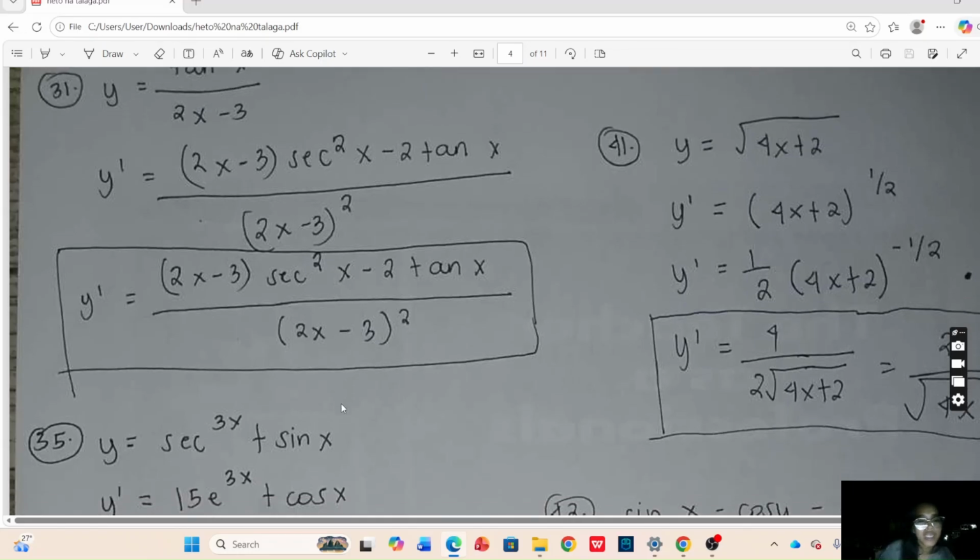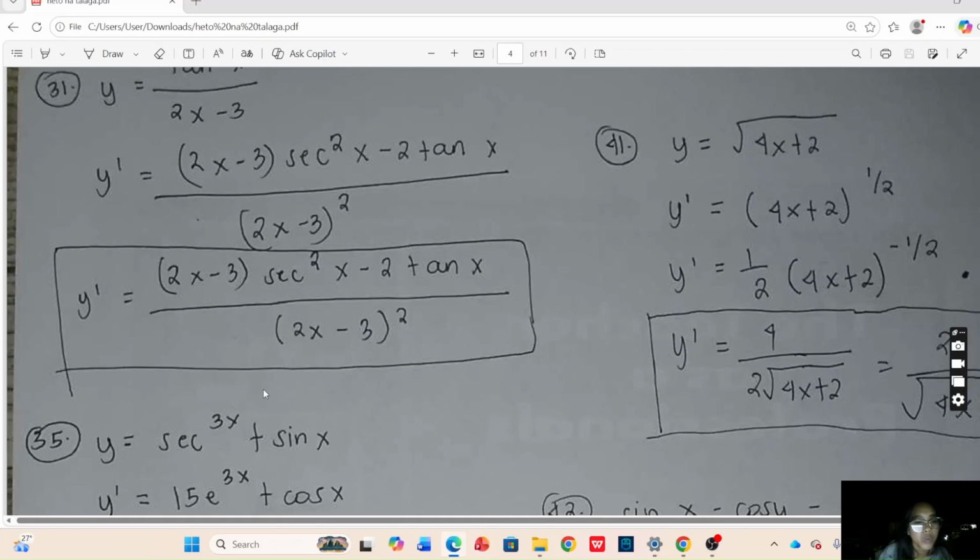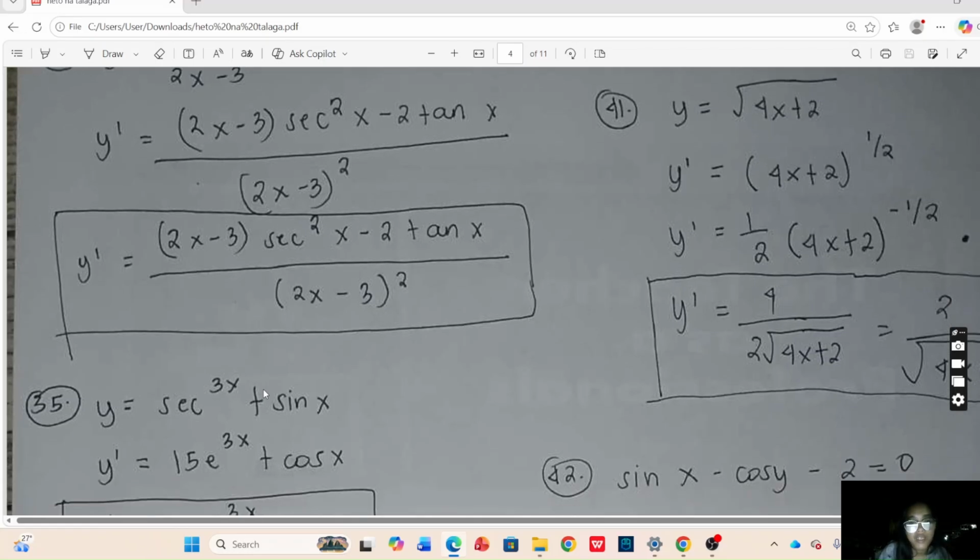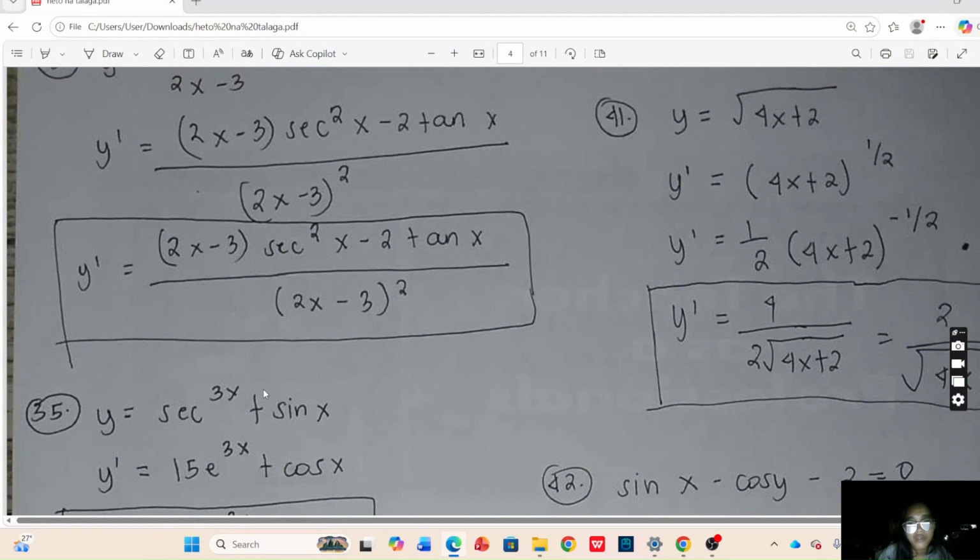So the final derivative, that would be y prime is equal to 2x, the quantity of 2x minus 3, multiplied by secant squared x minus 2 times tan x over the quantity of 2x minus 3 squared.